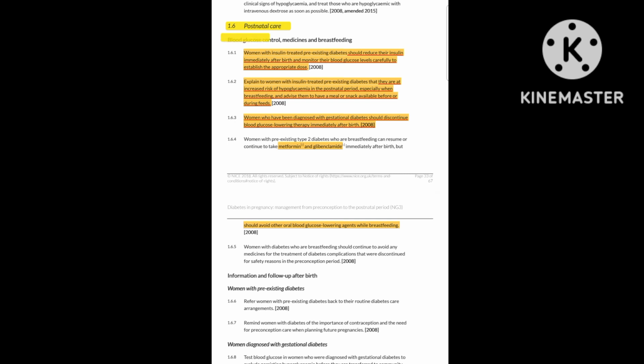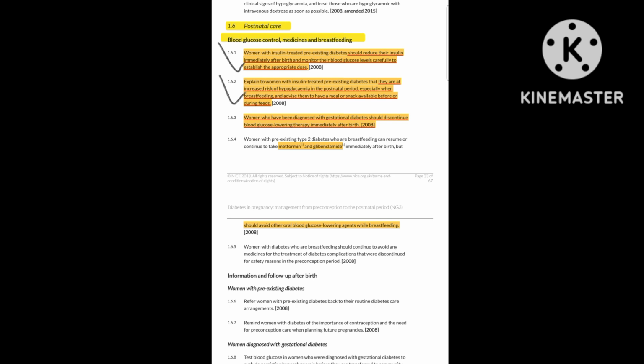Postnatal care, blood glucose control, medicines and breastfeeding. Women with insulin-treated pre-existing diabetes should reduce their insulin immediately after birth and monitor their blood glucose levels carefully to establish the appropriate dose. Explain to them that they are at increased risk of hypoglycemia in the postnatal period, especially when breastfeeding.